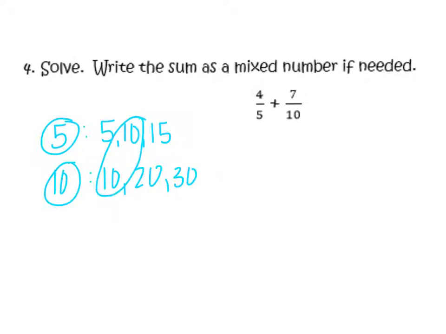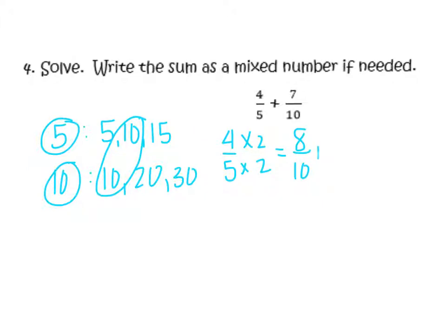Now I need to change the fractions into tenths. 4/5 can be multiplied by 2 in order to get tenths. So 4 times 2 is equal to 8. So now I have 8/10. 7/10 does not need to be changed.